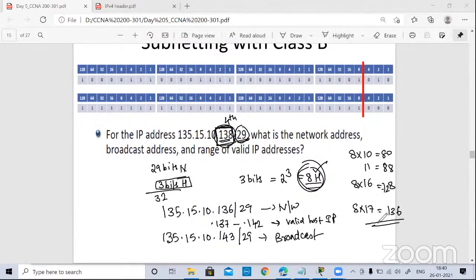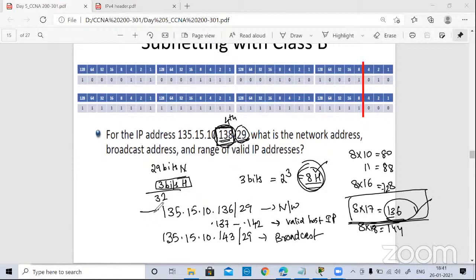The nearest multiple comes out to be 136. I see that 8 into 17 is 136, so that is the nearest multiple. After that, 8 into 18 will become 144. So my given IP with .138 must belong to this subnet whose network address is a multiple of 8, 8 into 17, which is 136.